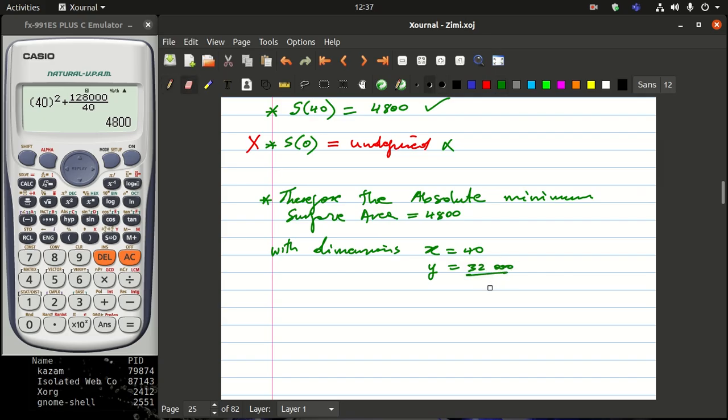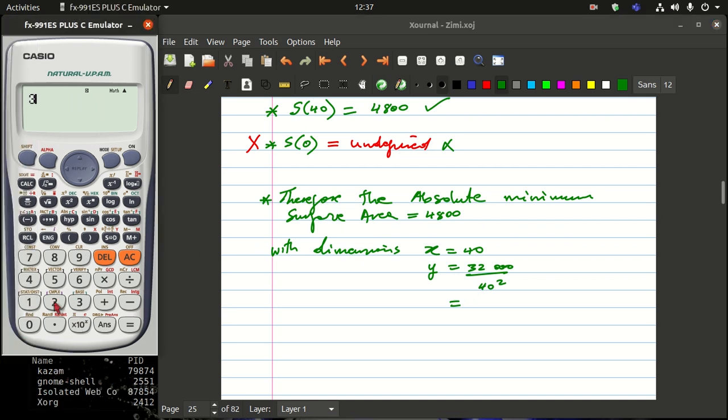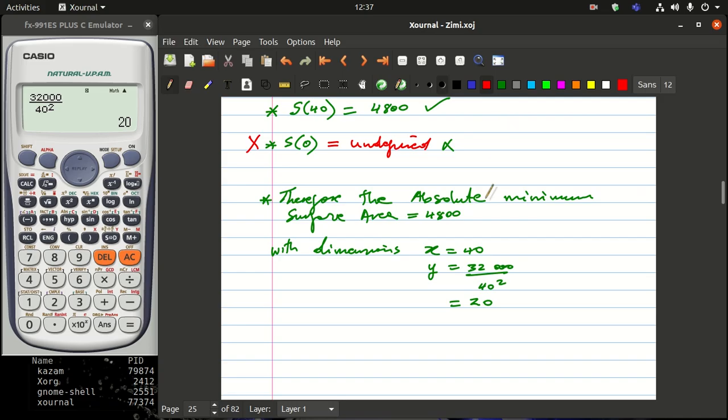But our x, we know that it is 40. So we have 40 squared. And then of course it is equal to that. So we have 32,000 divided by 40, and then we square it up. So we end up having a 20. So these are the dimensions we were actually looking for.